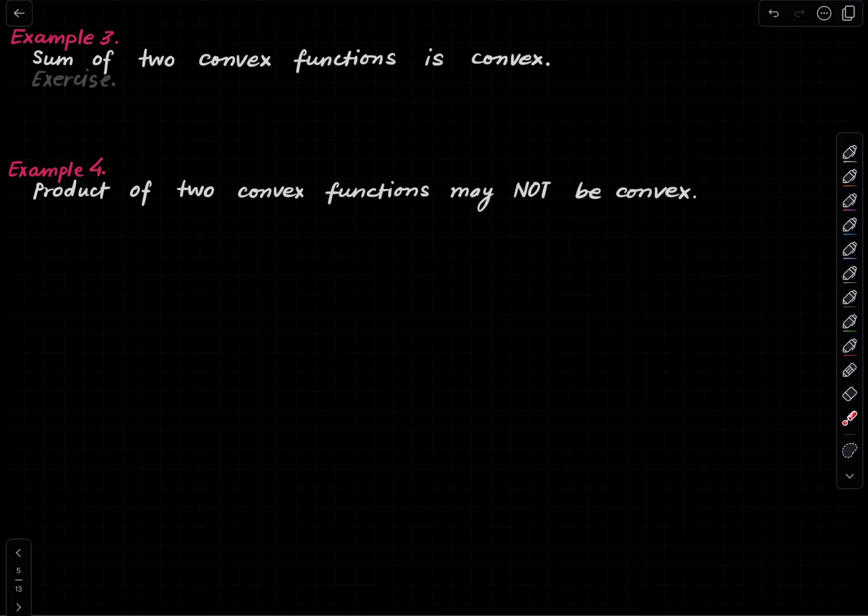Then we have the fact that the product of two convex functions may not be convex. Okay. So this one can see from an example. I mean, one can construct many examples, but here is one.